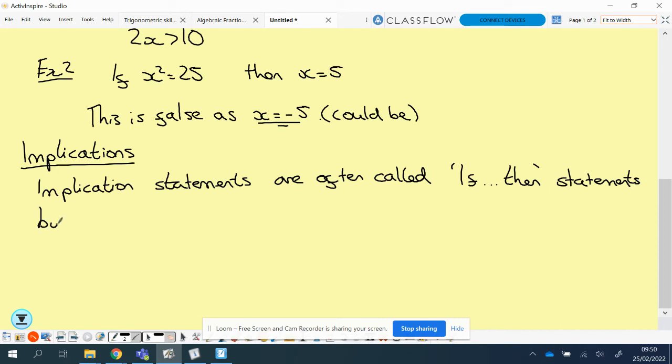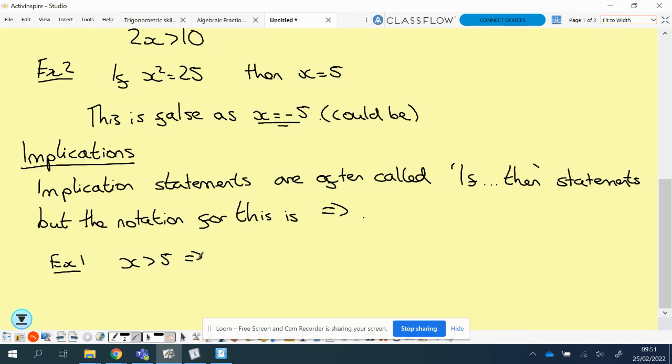But the notation for this is that symbol there. It's like an arrow with two lines going to the right. Basically it just allows us to write things a lot neater. So those two examples we looked at would have looked like this if I used that symbol instead: if x is greater than 5, then 2x is greater than 10.